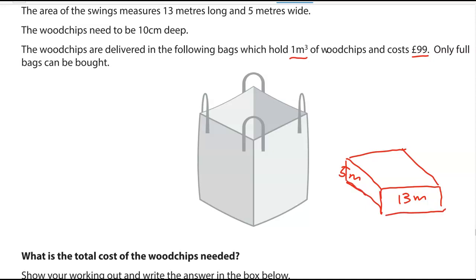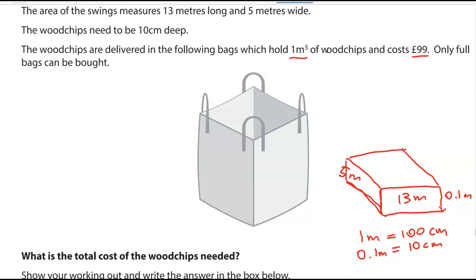So 10 centimeters, what is that in meters? So in 1 meter there are 100 centimeters. So 10 centimeters is a tenth of that. It's going to be 0.1 meters. You could divide 10 by 100 as well if you like. So 0.1 meters for depth.